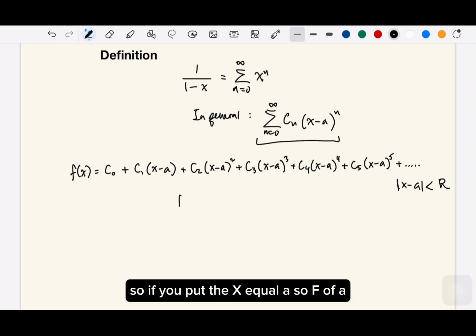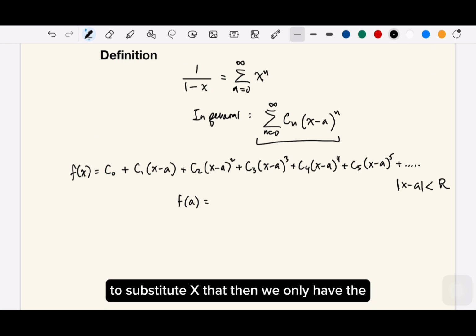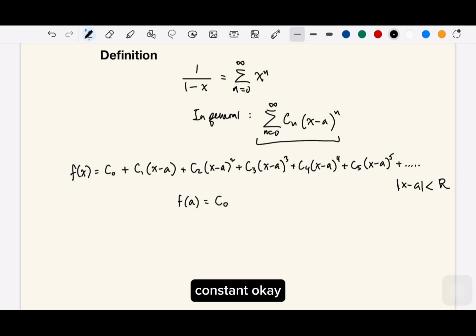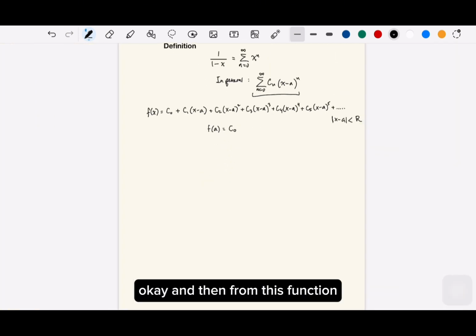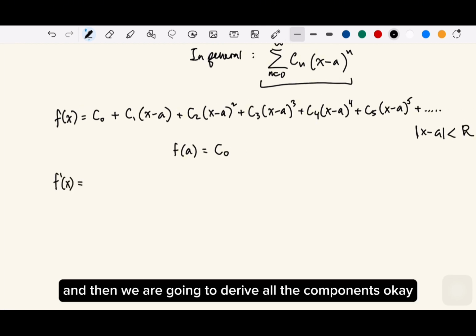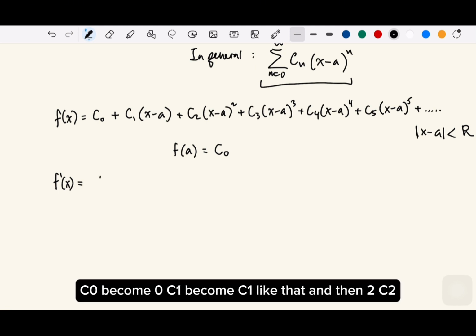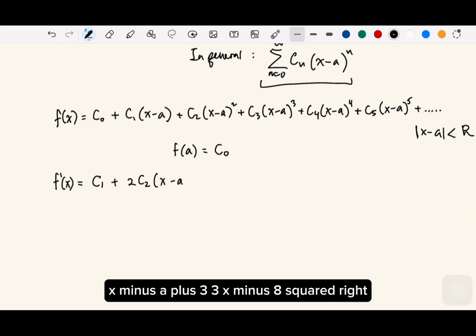So if you put x equal a, so f of a, if you plug in a to substitute x, then we only have the constant c0. And then from this function we could try to take the derivative, and then we are going to differentiate all the components. c0 becomes 0, c1 becomes c1, and then 2 c2 times x minus a plus 3 c3 times x minus a squared, right?